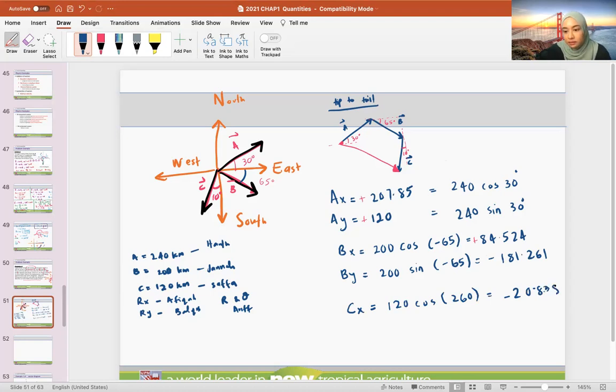And then C component Y, 120 sine 260 equal to negative 118.177. Okay, thank you. So let's cross check jawapan Safa tadi. So she got CX negative, CY negative. And if we look at our C, it should be CX over here and the CY should be over here, which is both negative. So nampak macam betul.